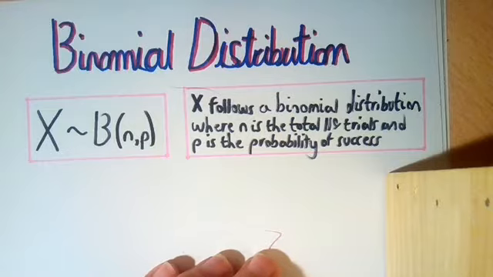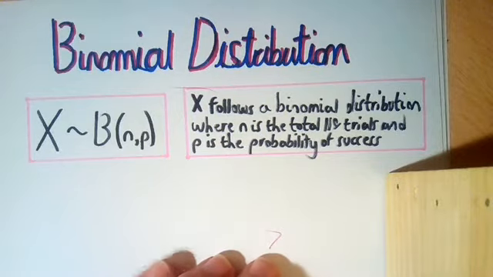n is the number of trials. So what that means is if you were to try something like rolling a die, picking a card out of a pack, or basically whatever you're doing that has an outcome, n is the number of times you're doing it in a row.